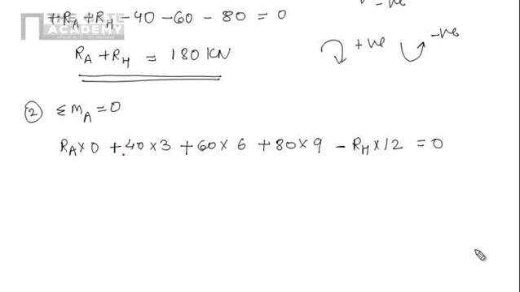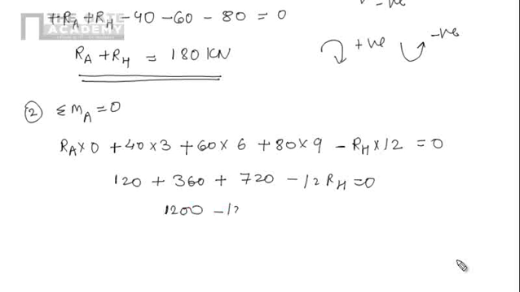Now if we further simplify, that is 120, 360, 720, and this one is 12 RH equals 0. If we sum 120, 360, 720, it will come 1200 minus 12 RH equals 0.